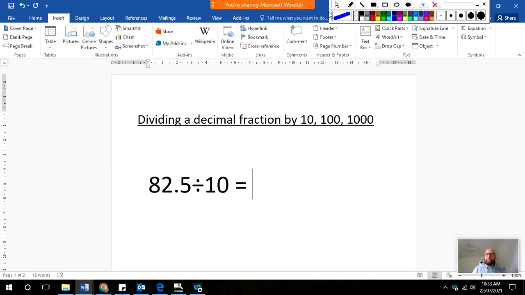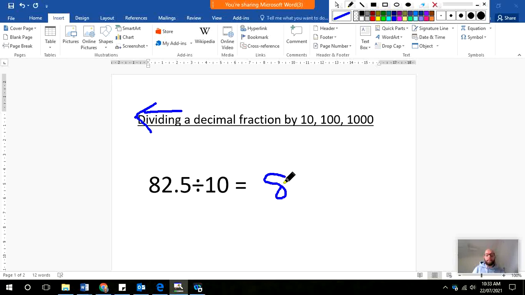So what we're actually saying is, this decimal point here needs to move 1 to the left. Remember, if we've got 1 power of 10 here, our decimal point moves 1 place. And because we're dividing, it goes that way.